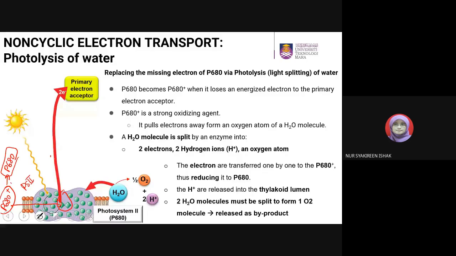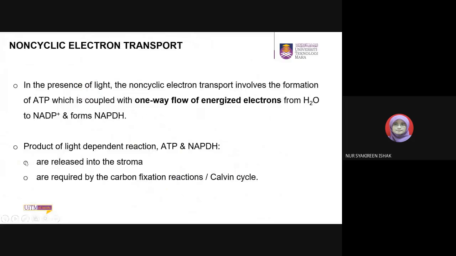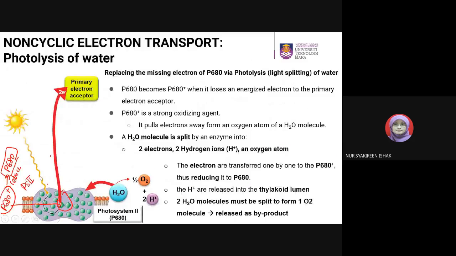Kan? To reduce P680 plus to become P680 kan. So cara nak gantikan elektron tu adalah melalui proses photolysis of water. Okay, photolysis of water, splitting of water using light energy.